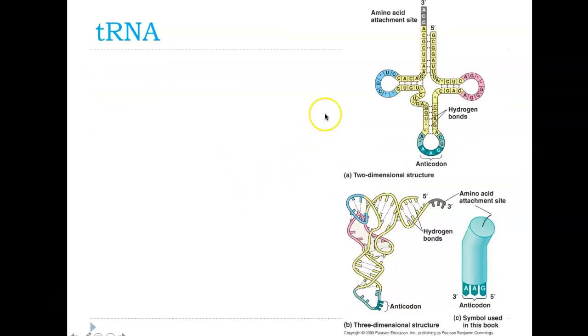So I want to talk a little bit about tRNA, what that is. tRNA can be shown to you as a picture in a few different ways. My favorite way to look at tRNA is the two-dimensional shape because it's shaped like a T, and you can see this thing called an anticodon. I'll tell you what that is in just a minute. You can also see it in a three-dimensional structure. It looks like a jumbled mess right here, and then there's a really simple symbol used in this book.